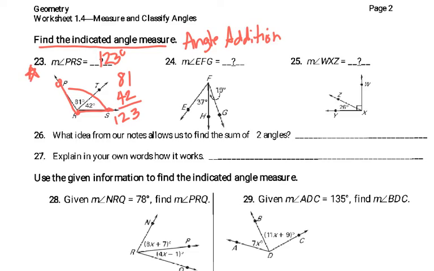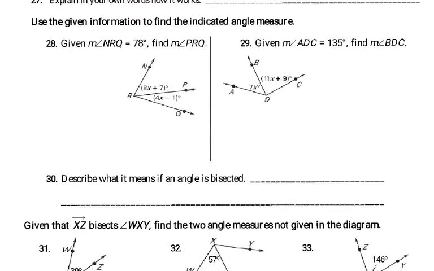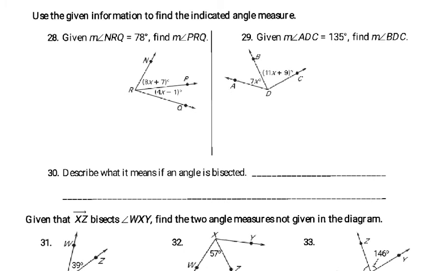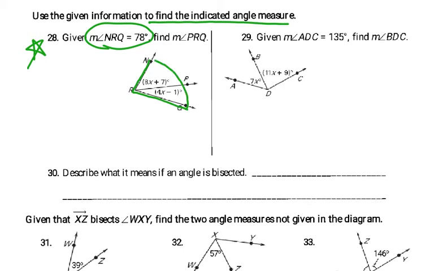The next question I want to work through is question 28. Use the given information to find the indicated angle measure. For this one, you're given that NRQ measures 78 degrees. Notice that that is the length of the whole thing. And these two are the parts.